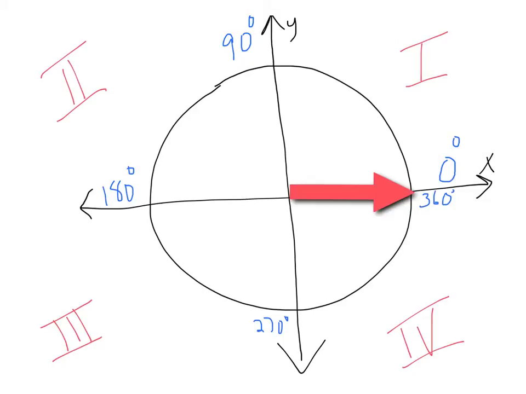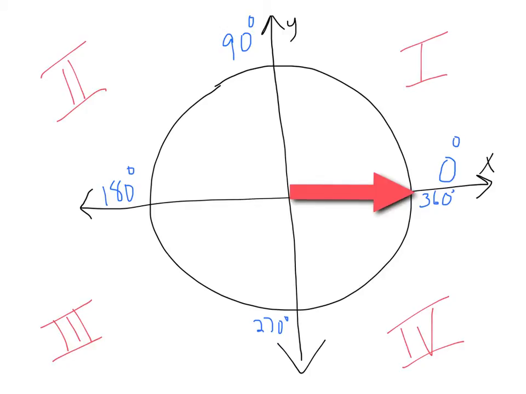So if I draw a ray from the origin to the endpoint of the circle where it intersects here, this is called the terminal or the initial side of my angle of rotation. And what I want to do, hopefully, is demonstrate what an angle of rotation looks like.